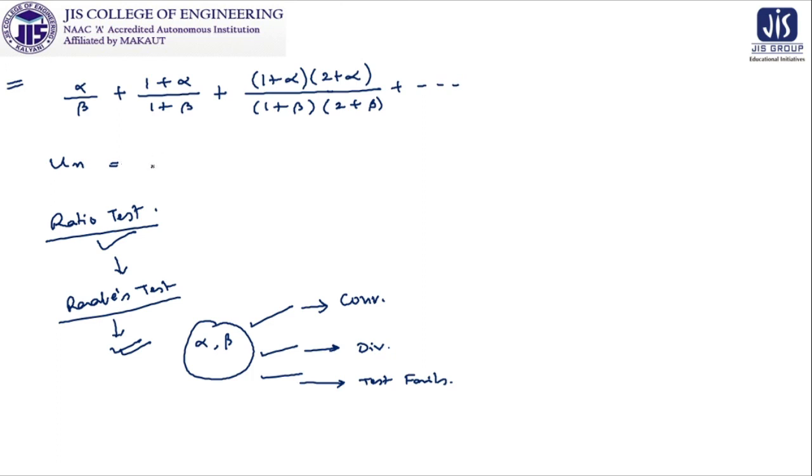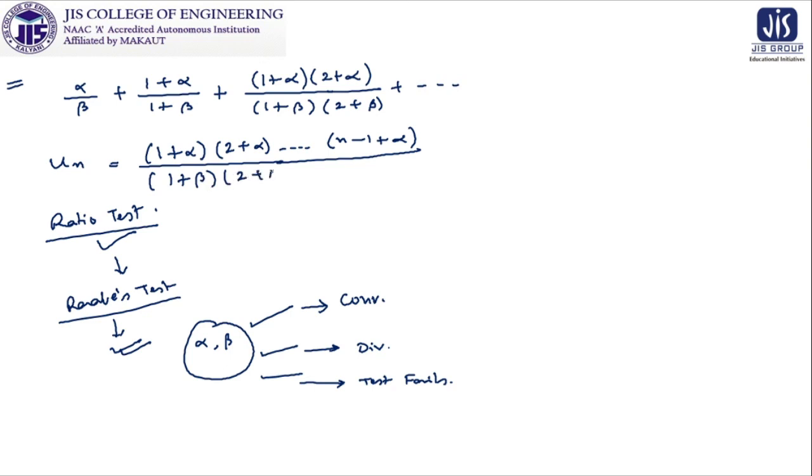Now finally, before concluding, as committed, we must write the un: 1 plus alpha, 2 plus alpha dot dot dot n minus 1 plus alpha, so that you will get the first term, and if not, then you have to mention that we are not getting the first term, except the first term we are making.